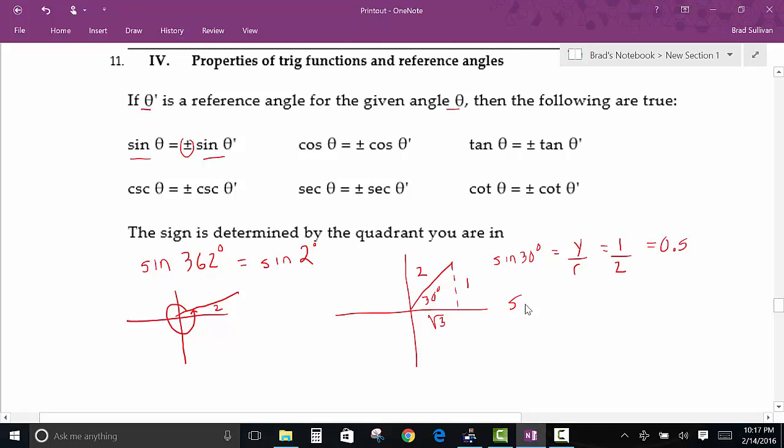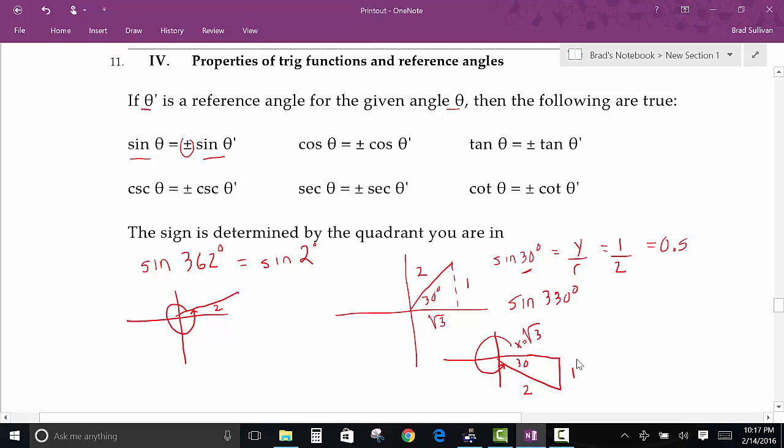Now if I did the sine of 330 degrees, here's what's going on. You're in quadrant 4, so you would have this kind of situation. You would have a 30-degree reference angle again, so that matches. The sides would go 1, 2, square root of 3. Now x is positive root 3, but y is going to be a negative value.